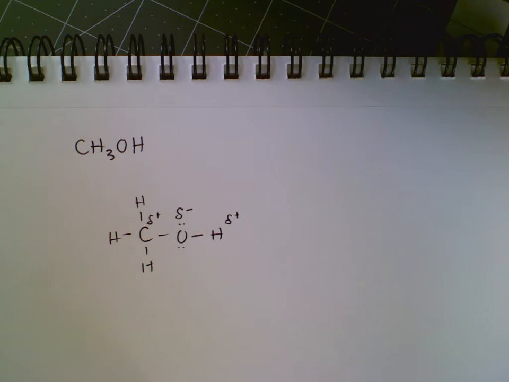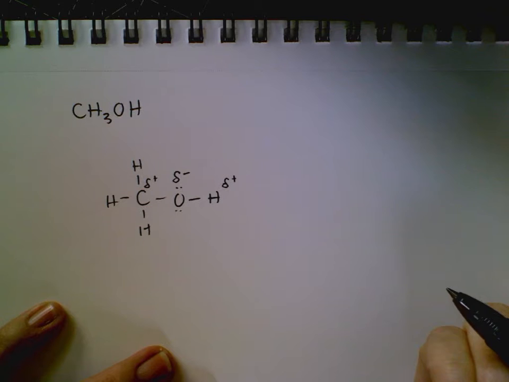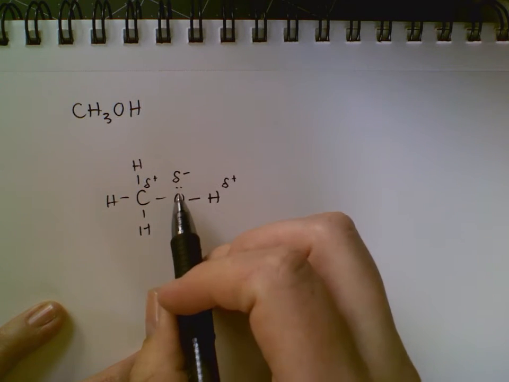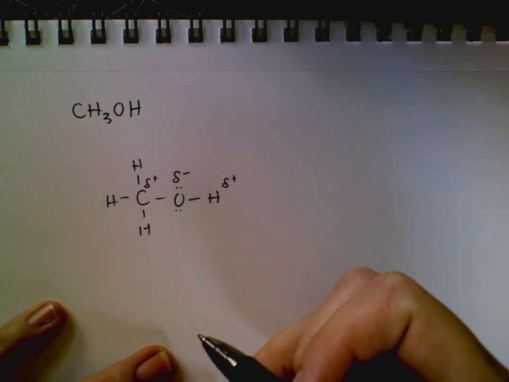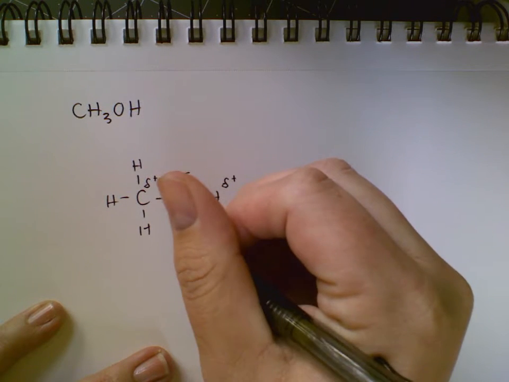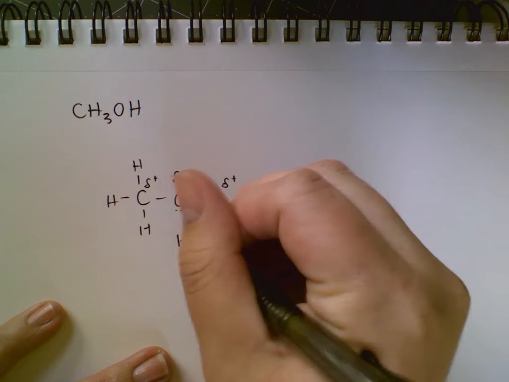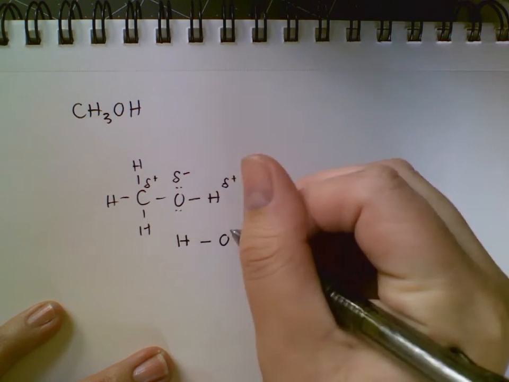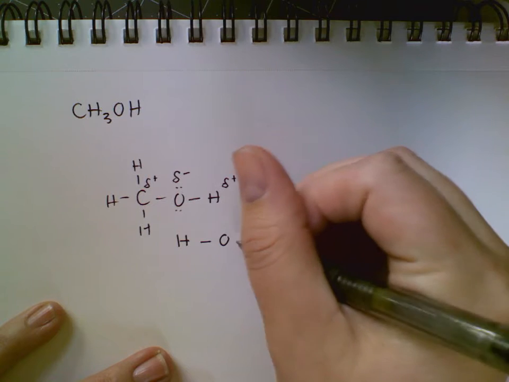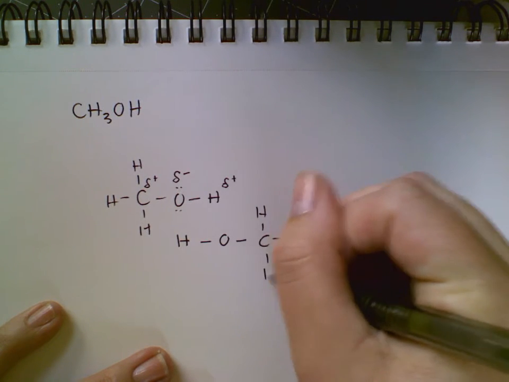I need to draw a couple different molecules in here to show how the different things interact. So the big thing we know with intermolecular forces is that the positives and negatives on opposite molecules need to be oriented towards each other. So what I'm going to do then is have the H and the OH from another CH3OH, and you'll notice the one that I'm drawing here is almost a mirror image.